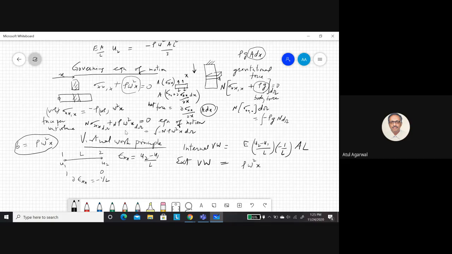What is the virtual displacement here? Delta U is N1 delta U1 plus N2 delta U2. Now what is your delta U2? It is 0. So you get N1 into delta U1. Delta U1 is 1.